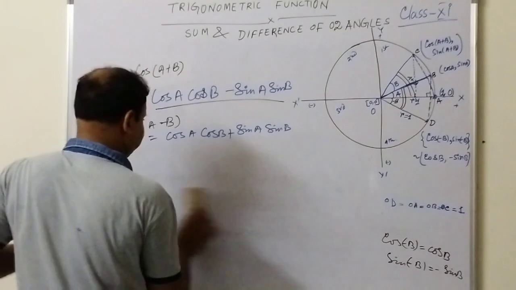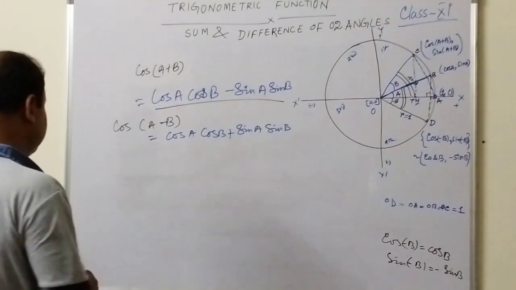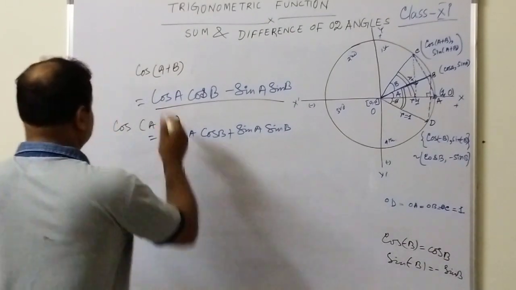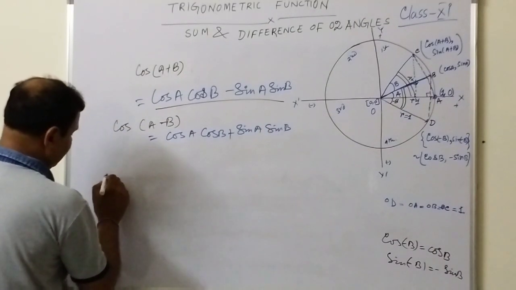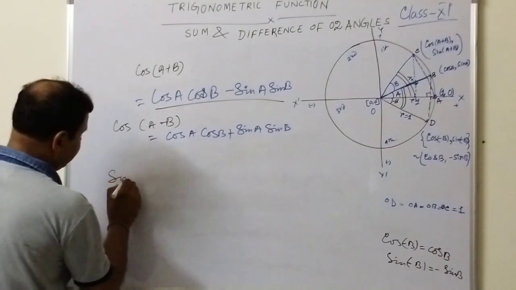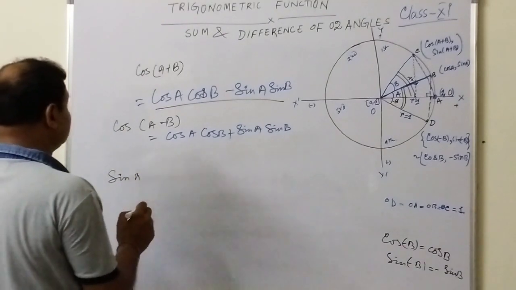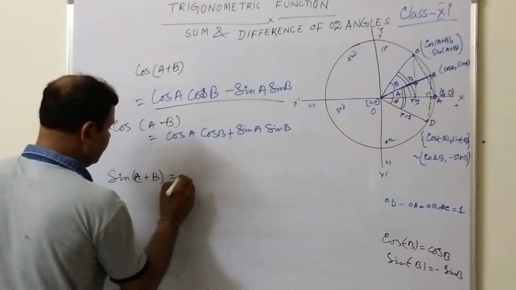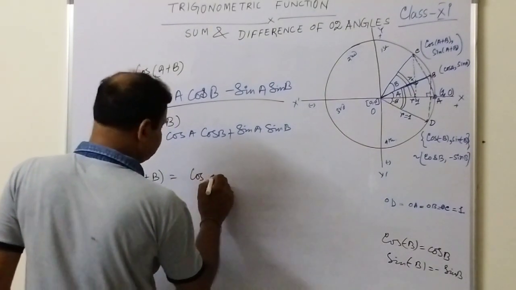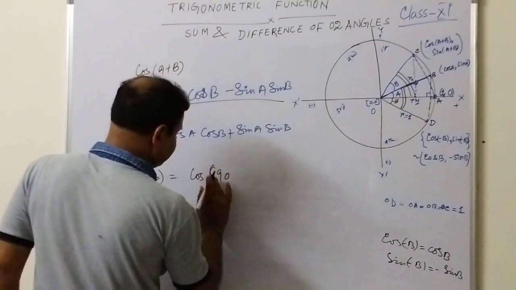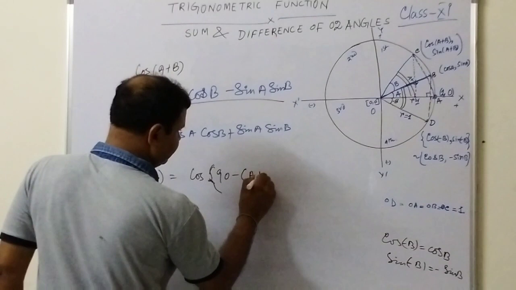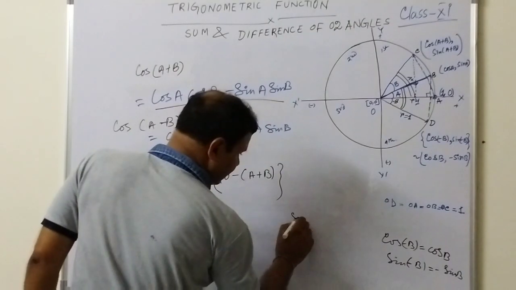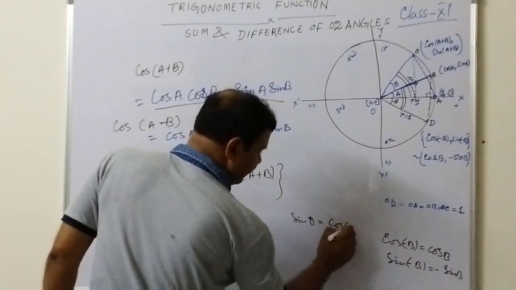Okay? Now let's move to the sine function. From sine, we know sin A plus B equals cos 90 minus A plus B. And in 10th class you read sin theta equals cos 90 minus theta.